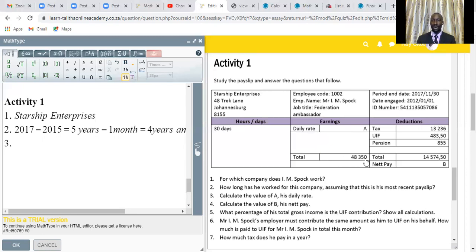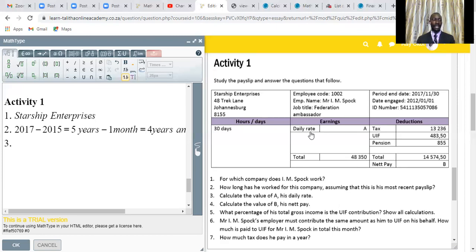48,350. Well, this is some good amount of money if you're earning it, 48,350 in 1 month. That is some pretty good money. Now he is earning this over a period of 30 days, but they are asking for the daily rate, in 1 day. How much is he earning?